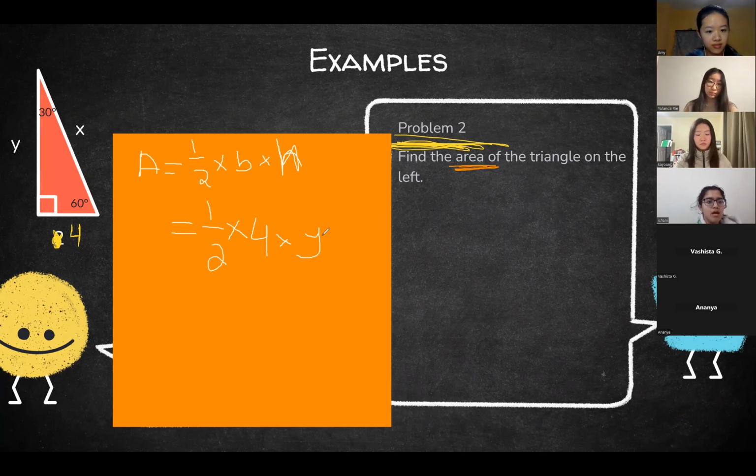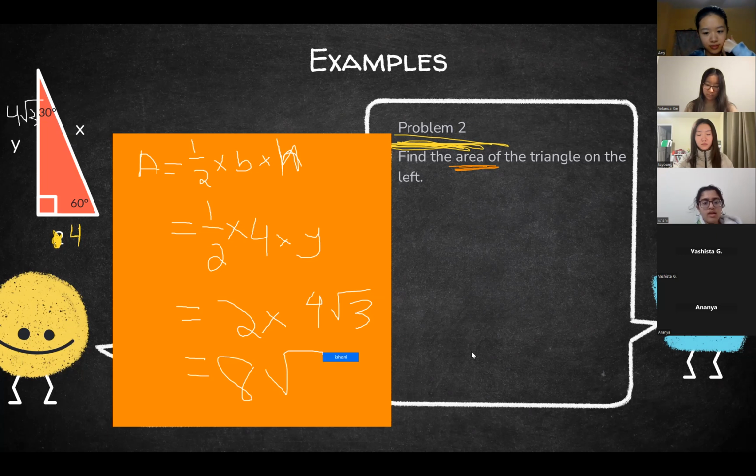So we know by that this y has to be equal to 4 radical 3, right? So this is equal to 1/2 times 4, which is 2, multiplied by 4 radical 3, or 4 square root 3. So that is equal to 8 square root 3. So that would be the area of the triangle on the left, right?